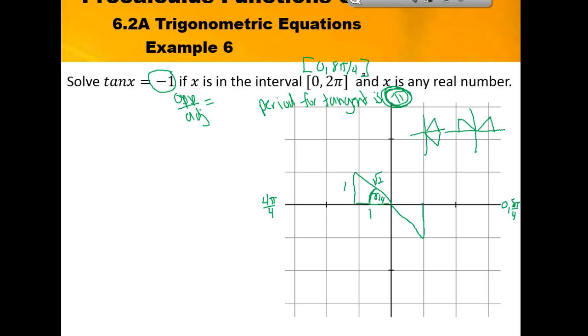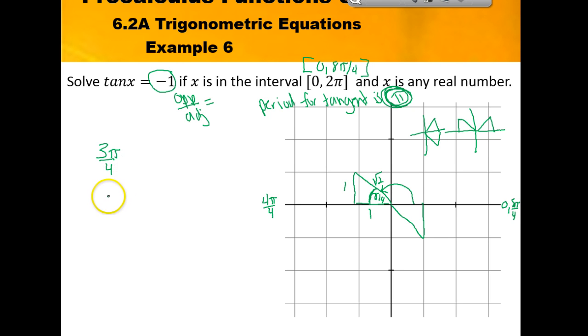So we don't want answers bigger than that. And then we also want for any real number, right? So for 0 to 2 pi, we're going to get those first. We're going to have this. So that's pi over 4, but what we're really looking for is that, and that's pi short of 4 pi over 4. So that would be 3 pi over 4.